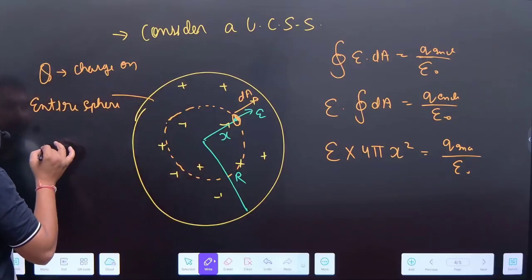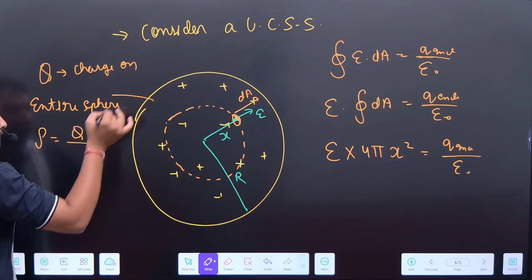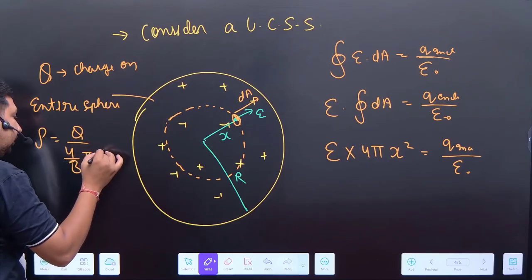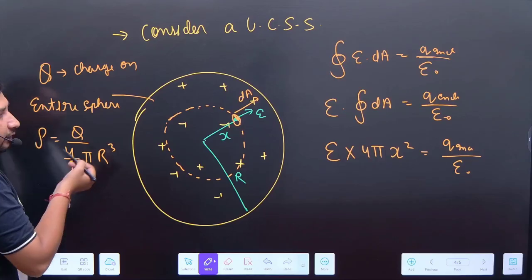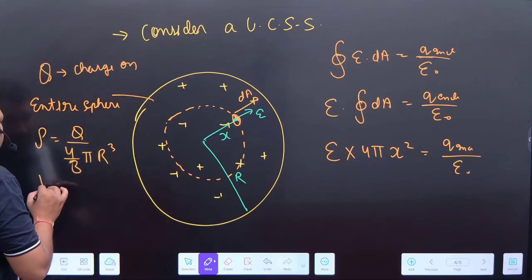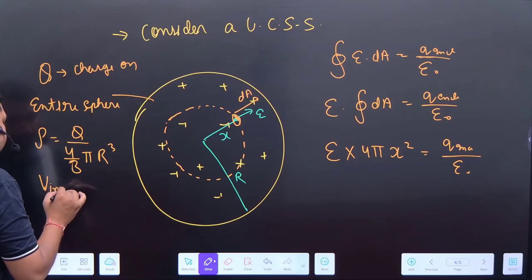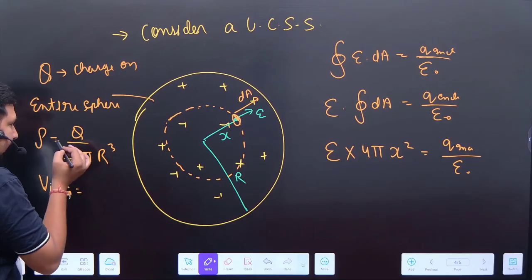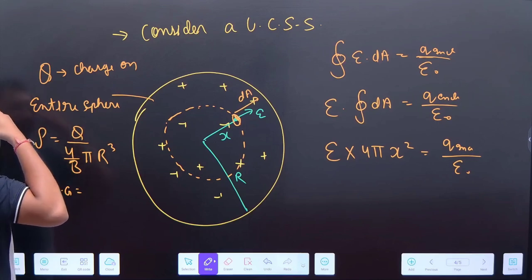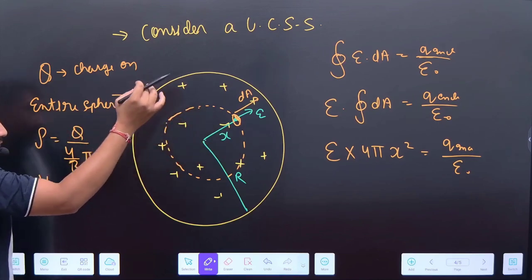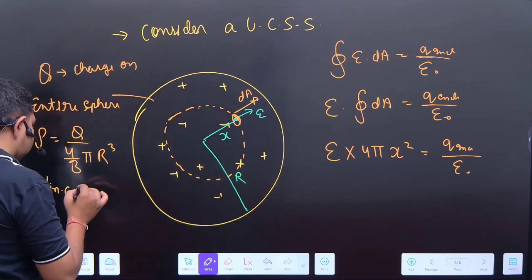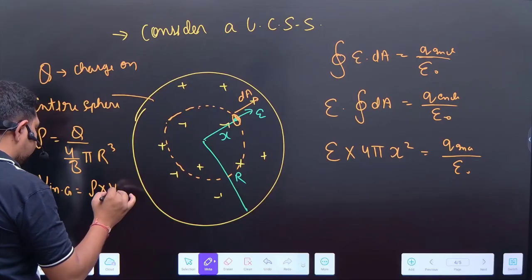We can say the density is charge over entire volume, and the entire volume is given by 4 by 3 pi R cube. This would give us the density. And to find the volume inside the Gaussian surface, we multiply by that volume, which is 4 by 3 pi x cube.